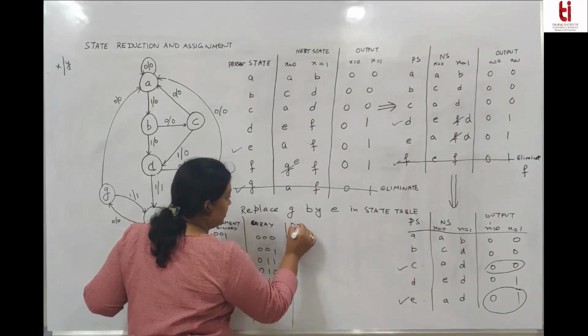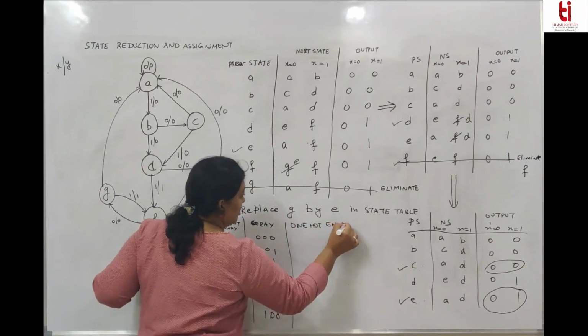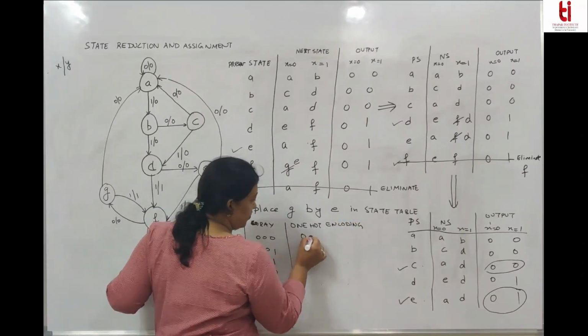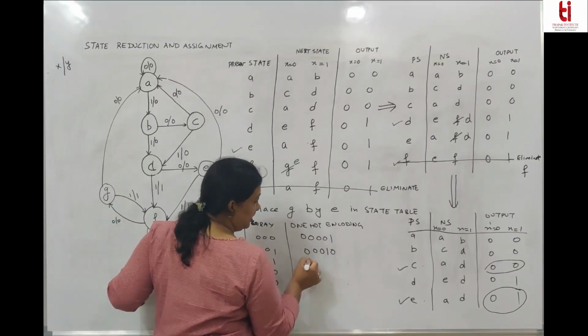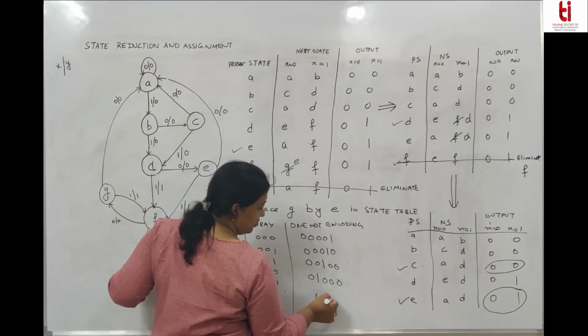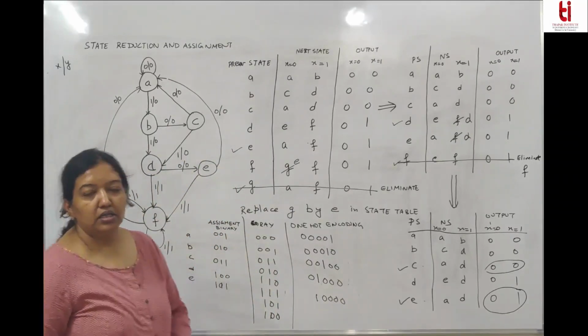Or another way of assignment is one hot encoding. The number of bits will be equal to the number of assigned states. And out of those 5 bits, one of the bits will be high. So this is called state assignment.